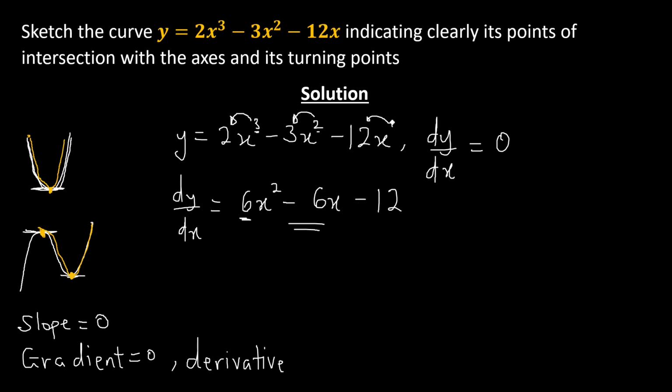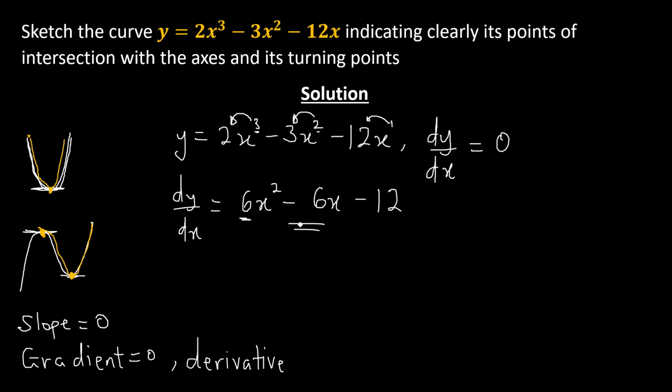But remember, 1 minus 1 gives us 0, so you have x exponent 0. Remember, any number exponent 0 is 1, so x exponent 0 is 1. And the 1 times negative 12 still gives us negative 12. So this is the first derivative of the curve.